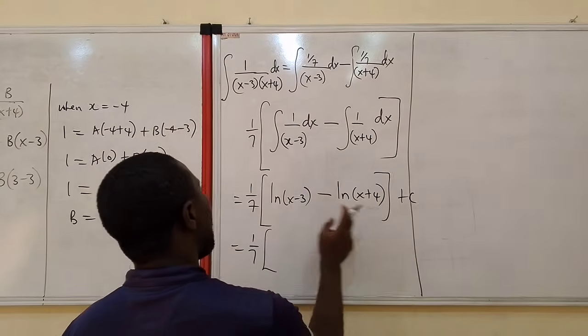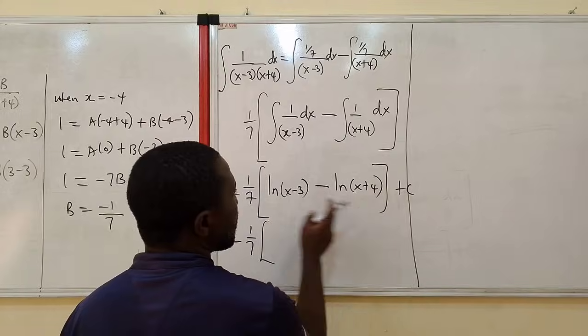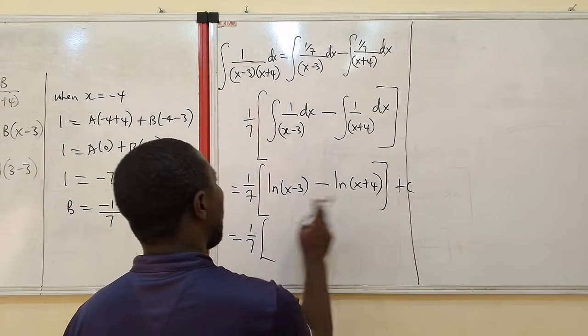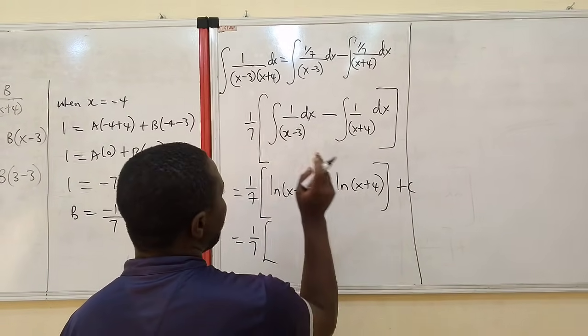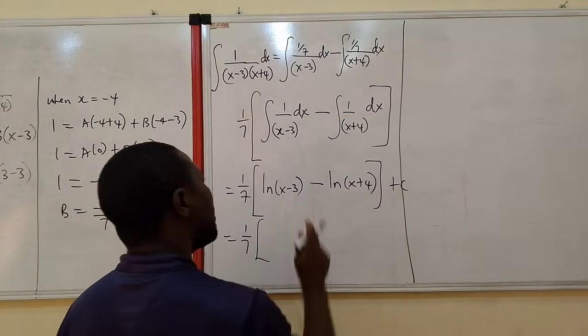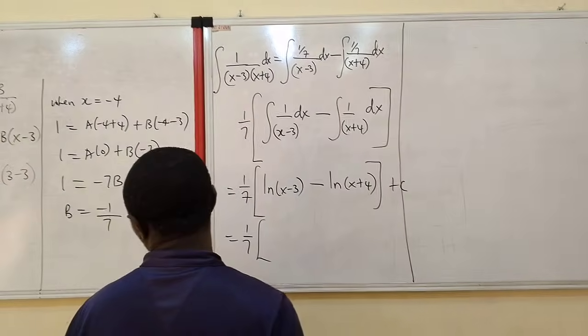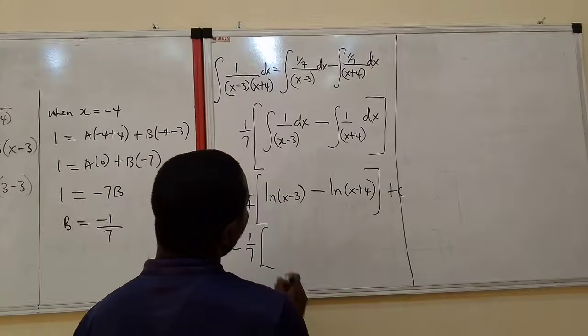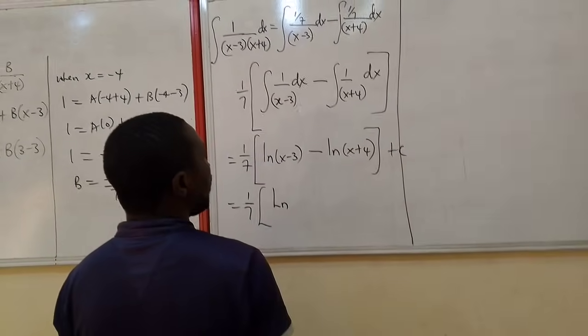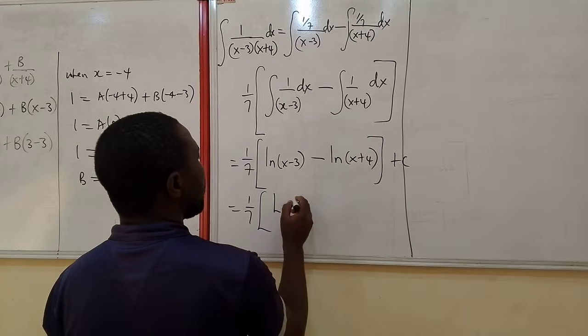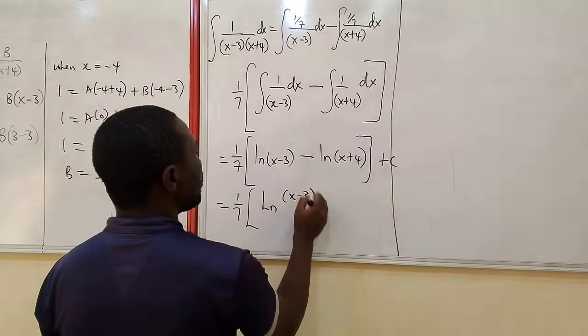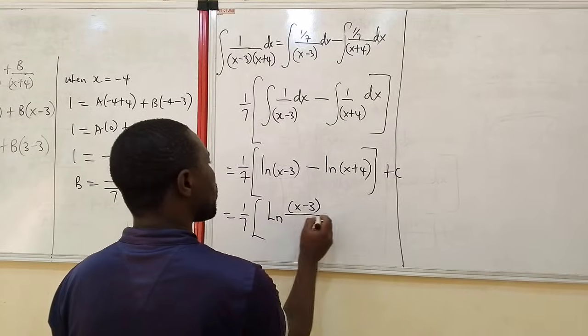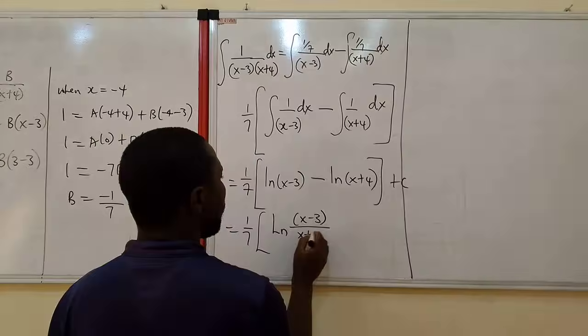I'll apply the law of logarithms. The ln of x minus 3 minus the ln of x plus 4. When there's a minus sign between two logs, you divide. So you take the ln of x minus 3, this minus sign becomes a division sign, over x plus 4.